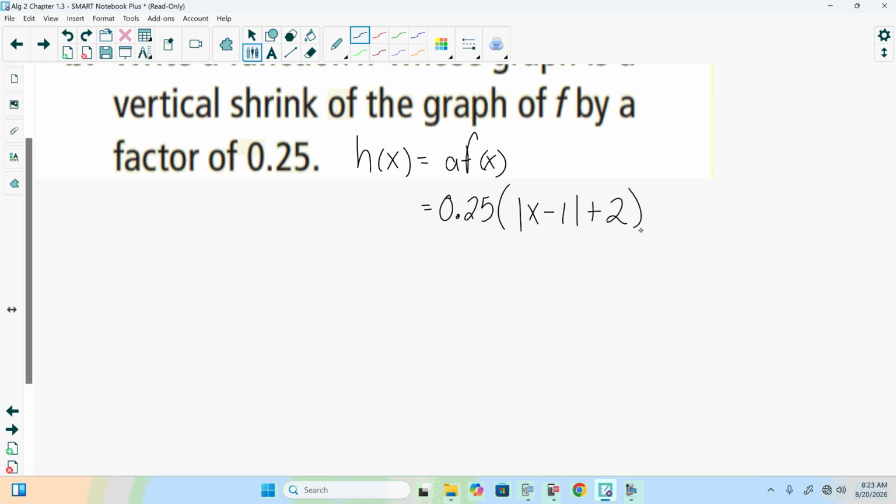And we can also replace f of x with what it's equal to as well. So we get the absolute value of x minus 1 plus 2. Questions on how we got here? Now we just need to distribute. So the first thing we're going to do is multiply the 0.25 by the absolute values, which is going to give us 0.25 times the absolute value of x minus 1.